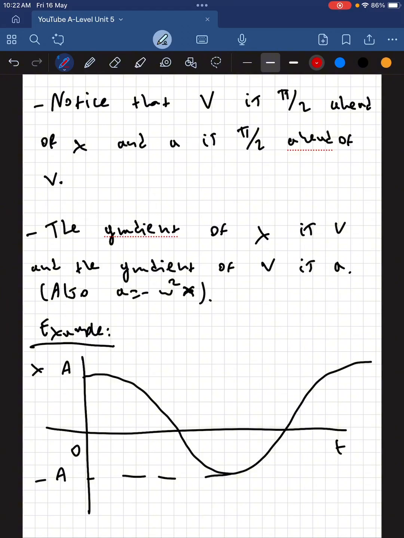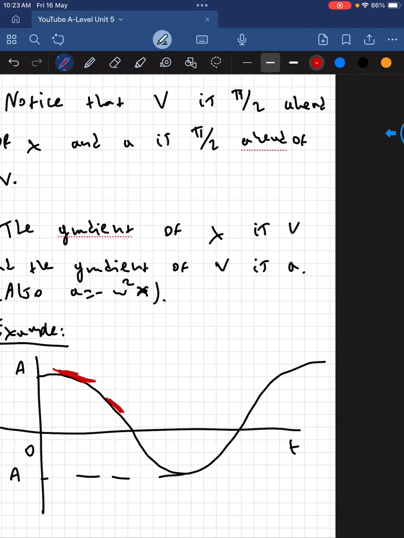So near time equal to 0, notice that the slope is negative, okay? And it continues being negative, okay? So they might give you this plot and ask you what the form of the velocity versus time graph looks like, okay?